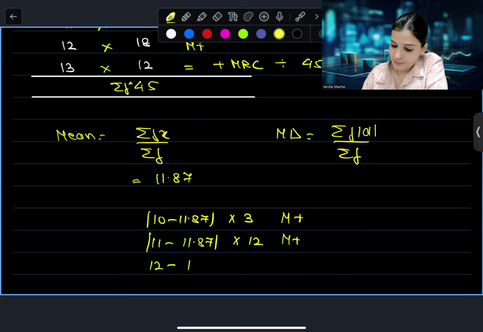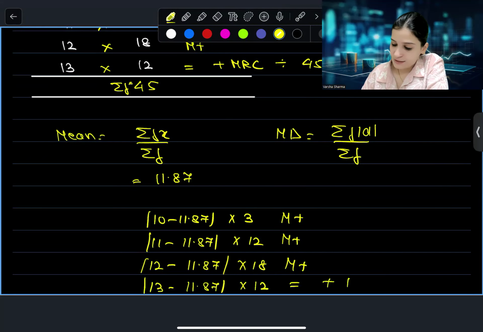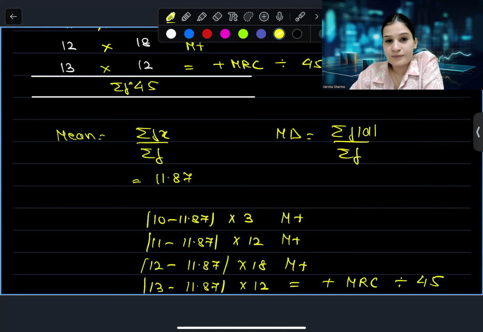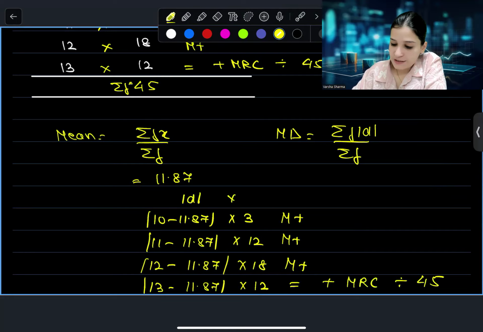From every x I'm subtracting the mean. Multiply by 18 M plus 13 minus 11.87 multiply by 12 equal plus MRC divided by total frequency. This is basically the absolute value of D and this is the frequency.